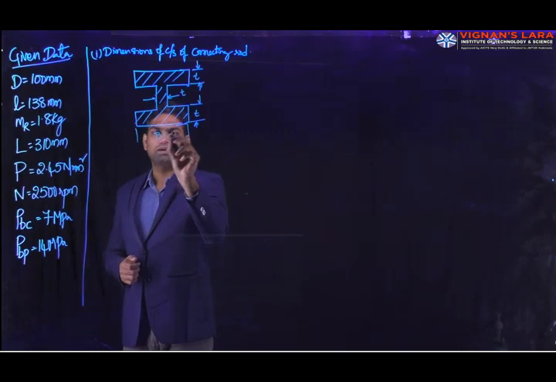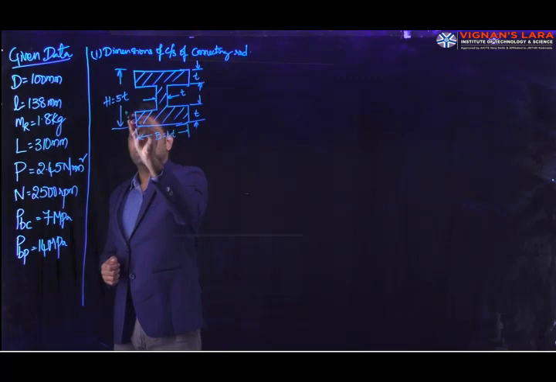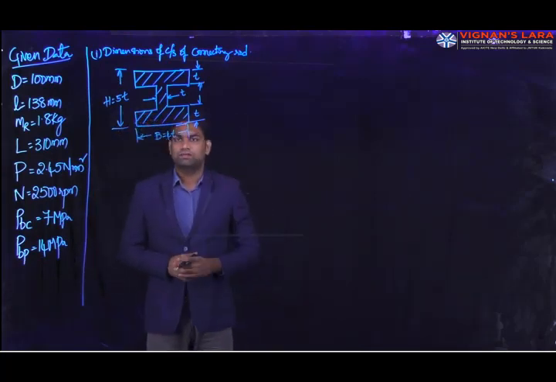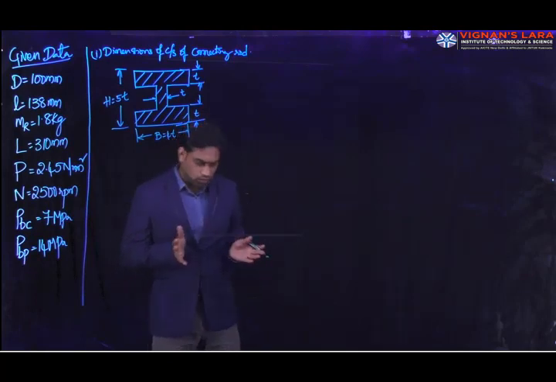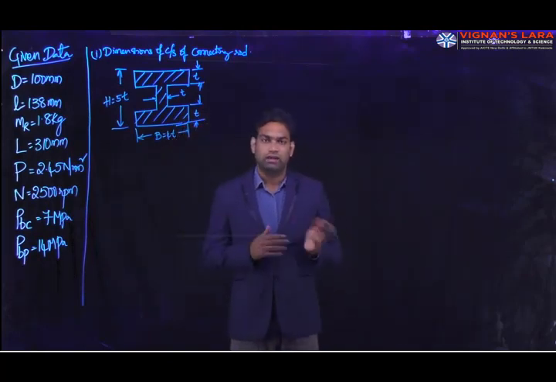I can take the width as 4 times the thickness of the web, so B equal to 4T, and the height of the web, capital H, as 5 times T. For our assumed proportions, we need to check the ratio of Ixx by Iyy, that is, the buckling strength about the x-axis and y-axis.